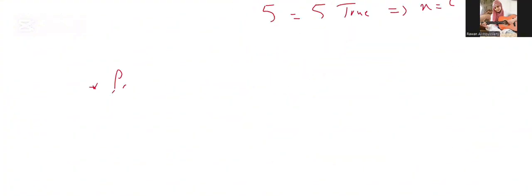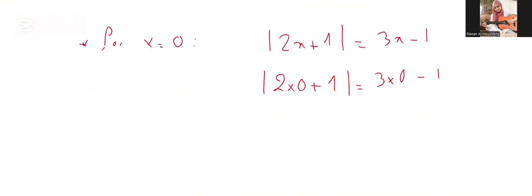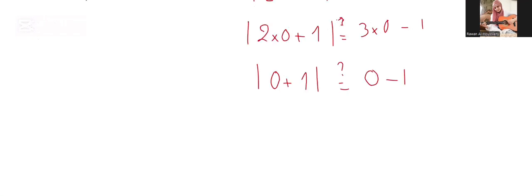Now let's do an answer check for x equal to 0. The equation was 2x plus 1 in absolute value equal to 3x minus 1. So now 2 multiplied by 0 plus 1 equal to 3 multiplied by 0 minus 1. We have to check if they are equal or not. So 2 multiplied by 0 is 0 plus 1. Is it equal to 3 multiplied by 0, which is 0, minus 1?